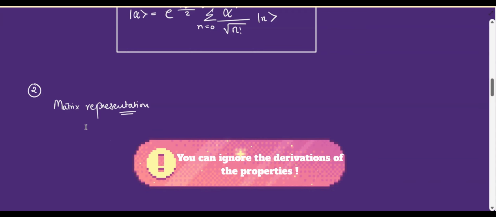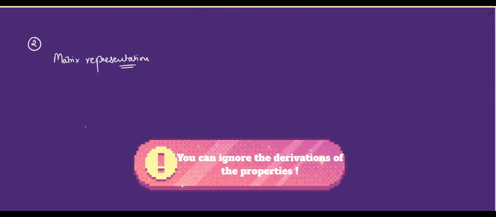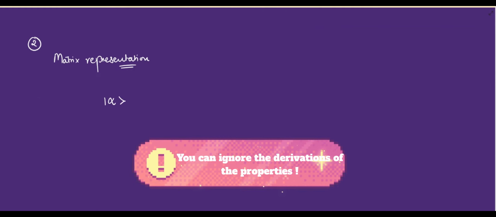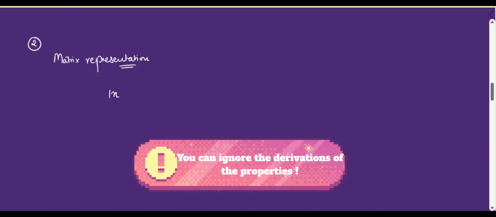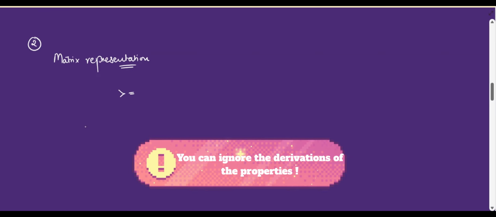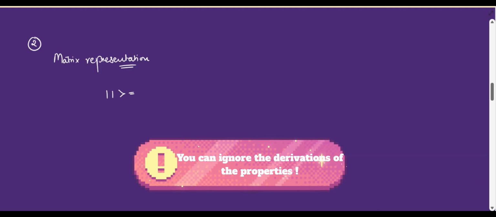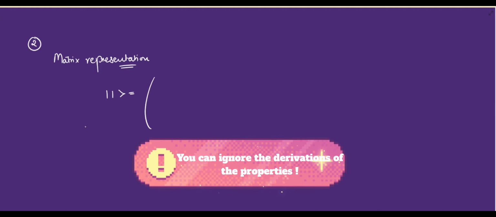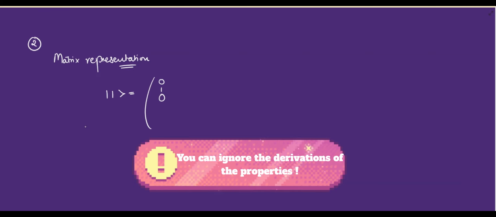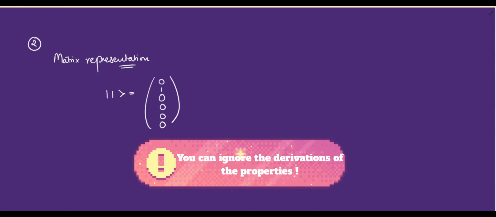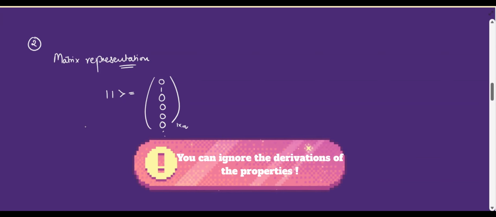If we recall, this particular single mode Fock state |n⟩ is given as this particular matrix, 1 cross infinity. There is a cutoff dimension, and I can write it as 1 cross n and cut it off at some particular point. But anyway, this is how we could write the single mode Fock states.